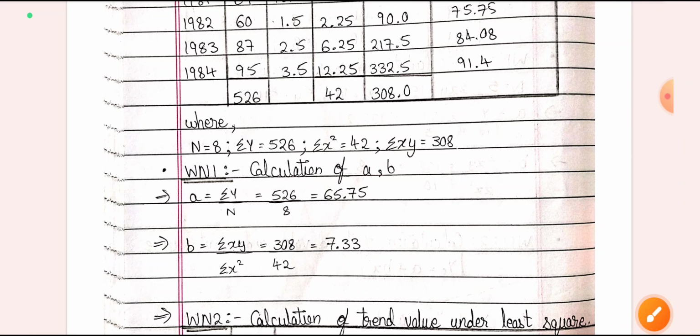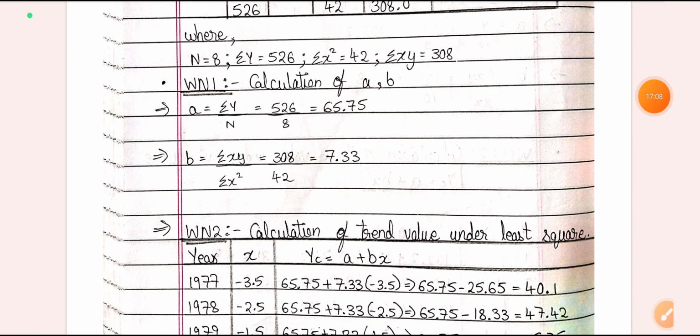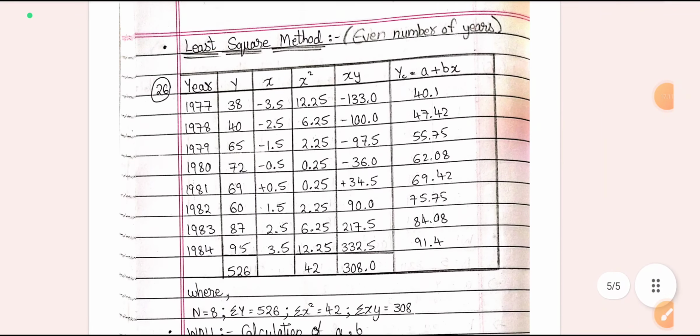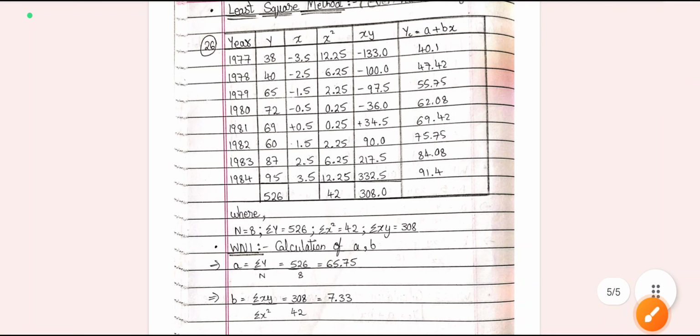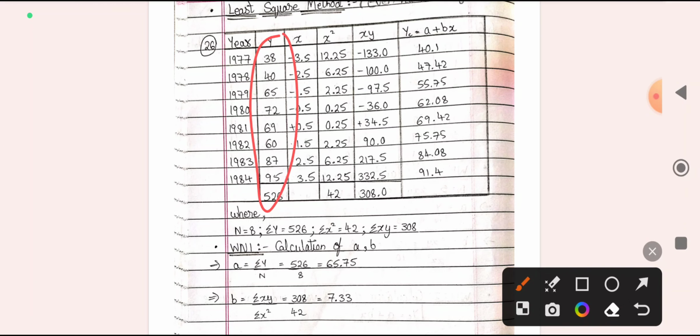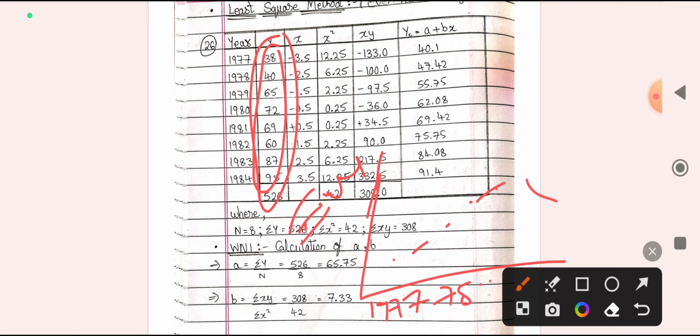So after doing this, additionally what we need to do, as I said in the earlier video also, is take these values and use the freehand method. Years you will take on the x-axis, 1997, 77, 78 like this, and earnings you will take on the y-axis. Plot these values and draw a line.